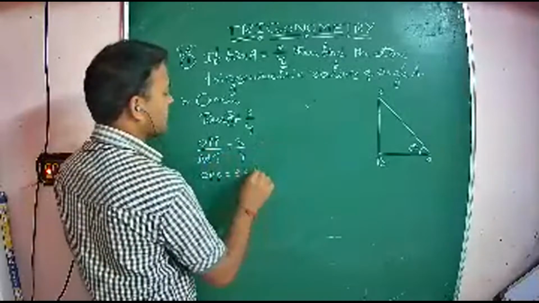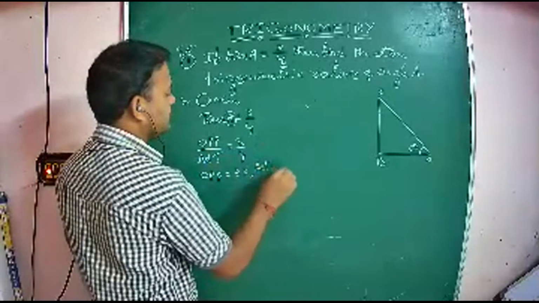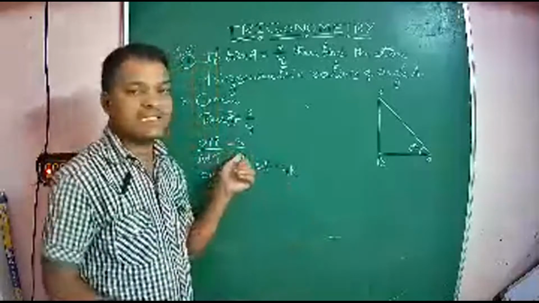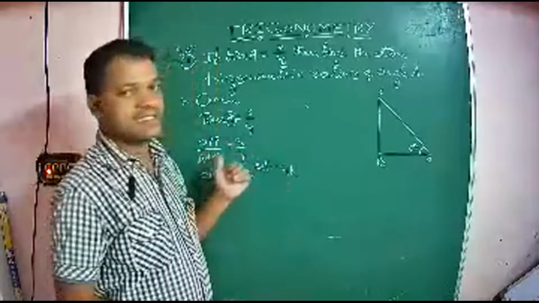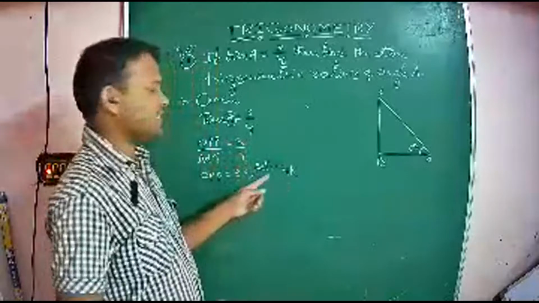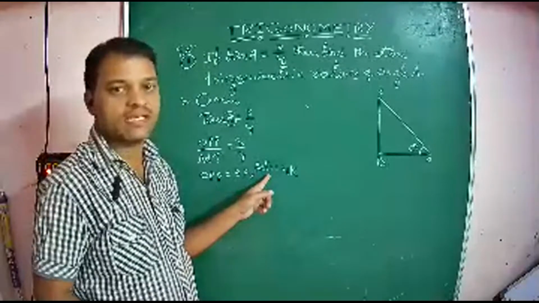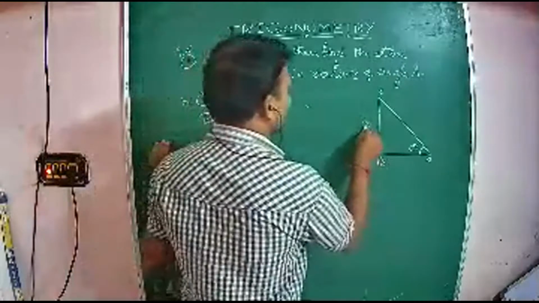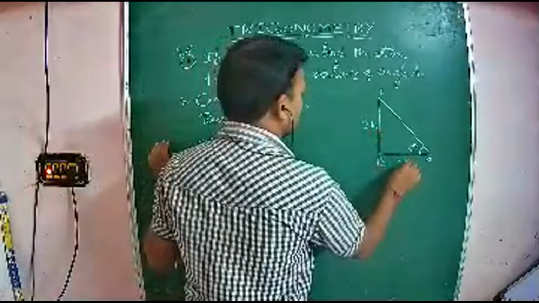The adjacent side is 4, so its value is 4k. This is called the ratio. Opposite side by adjacent side is 3 by 4, so the opposite side is 3k and the adjacent side is 4k, students.